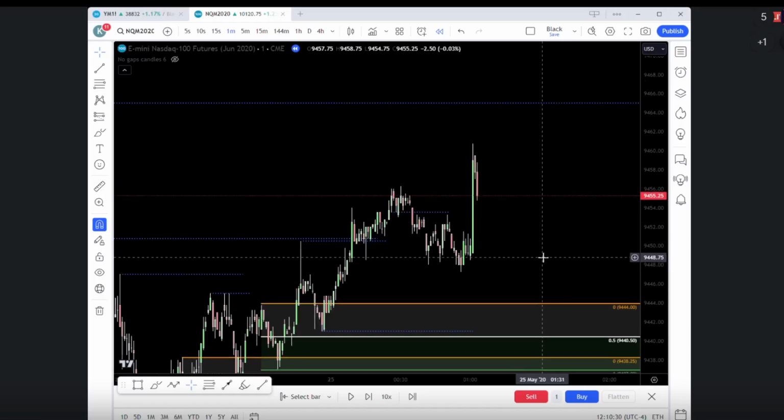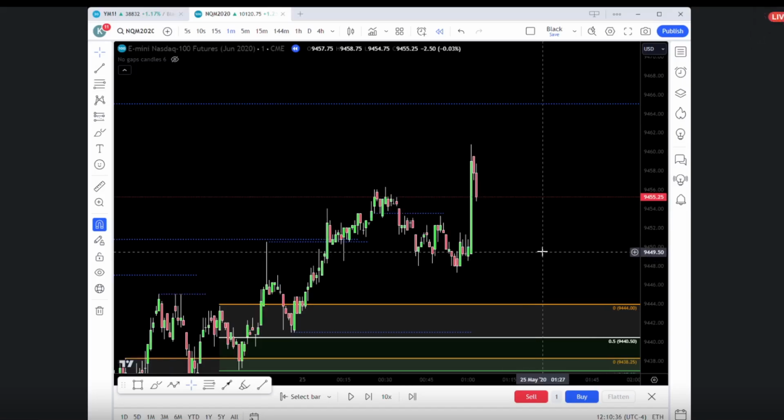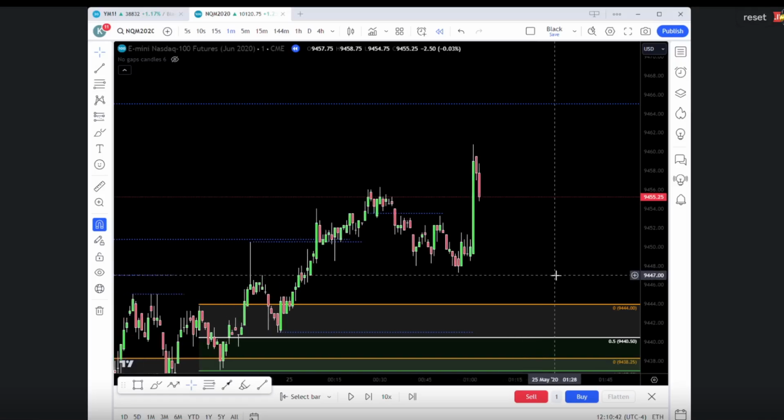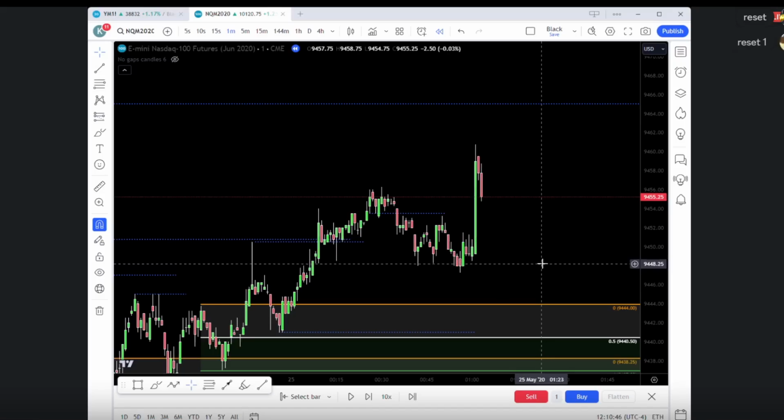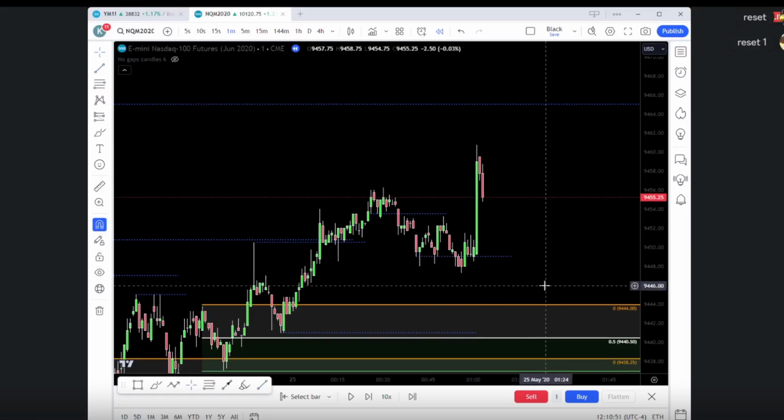Protected low here. Right? Now, where was our last valid low? It was here, wasn't it?